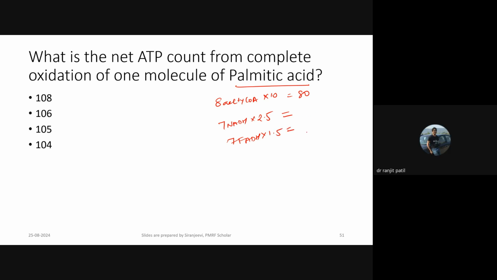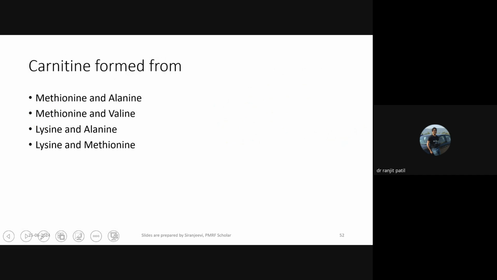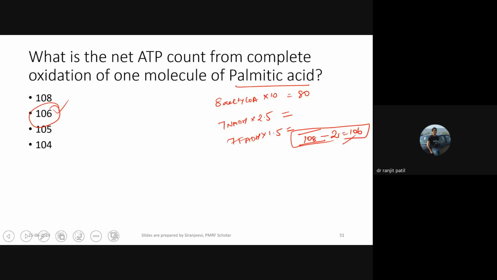Usually it forms 108, where in the activation step we lost 2, so the net is 106. So if they ask total, it is 108 and the net is 106.